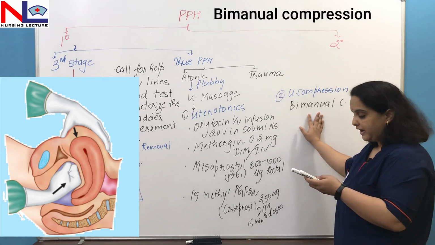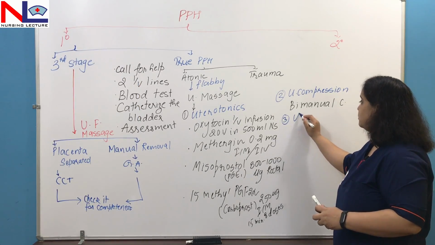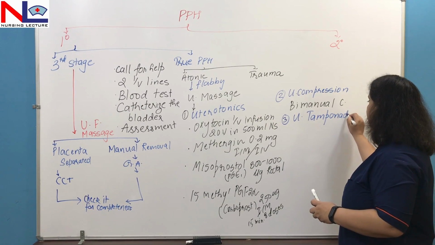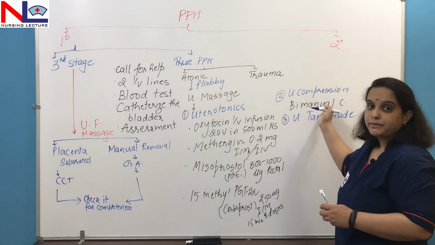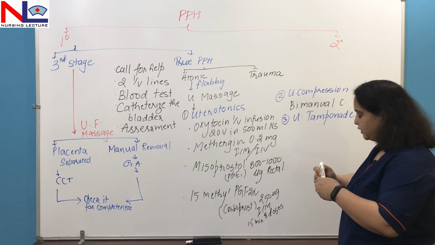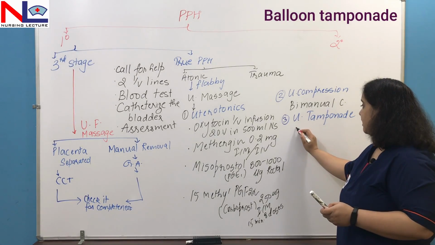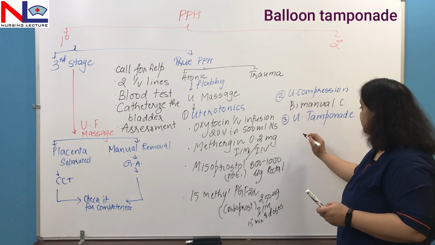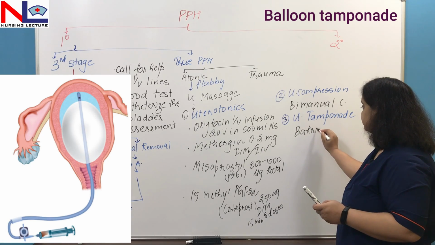But if it still fails, then what can you do next? You can use uterine tamponade. Uterine tamponade uses the same principle as bimanual compression, but here you use balloons. One very common balloon usually used in this situation is the Bakri balloon.